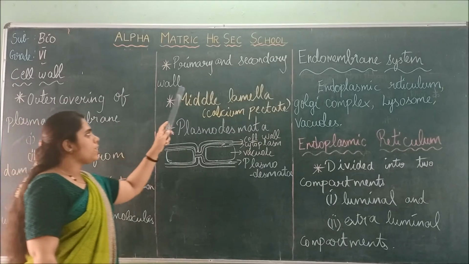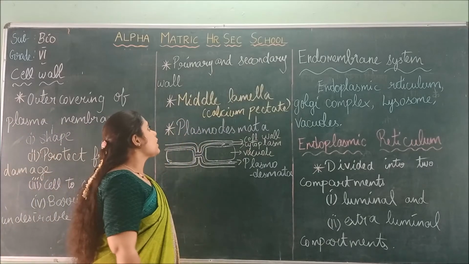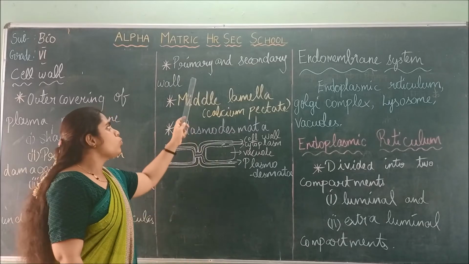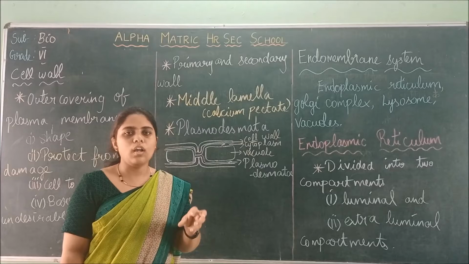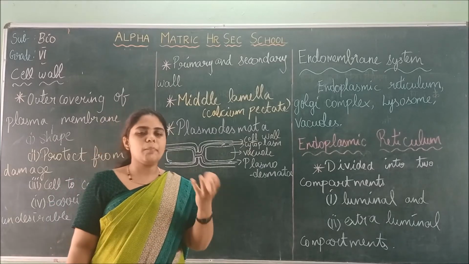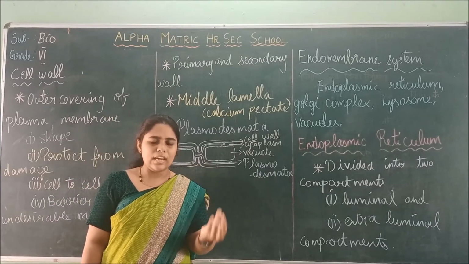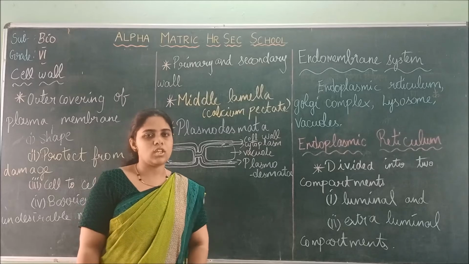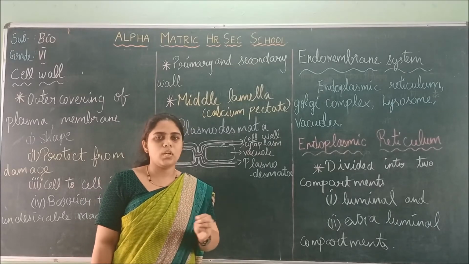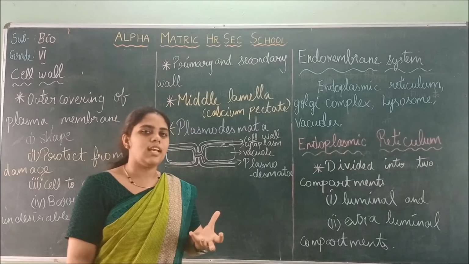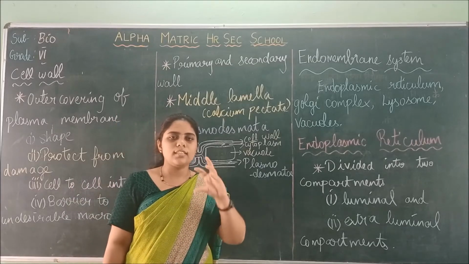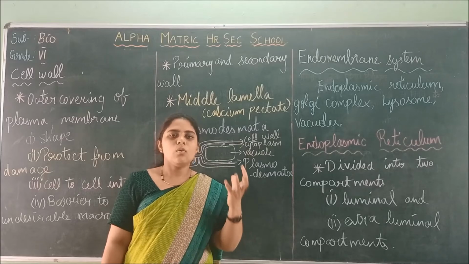And the primary cell wall and secondary cell wall are present. So what is the primary cell wall? This primary cell wall will be present when the plant is very young. In such a stage, the primary cell wall will be present, and it will help in the growing of the cell. After it gets fully matured, what happens?